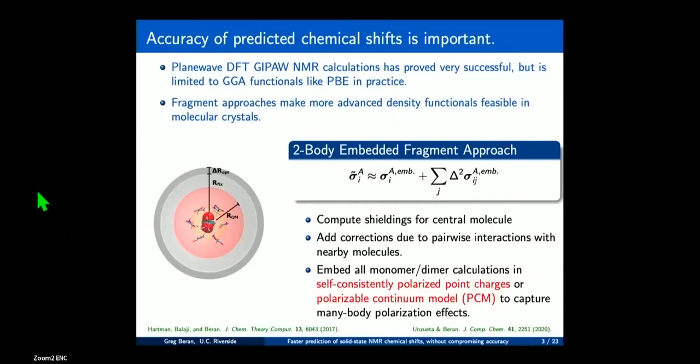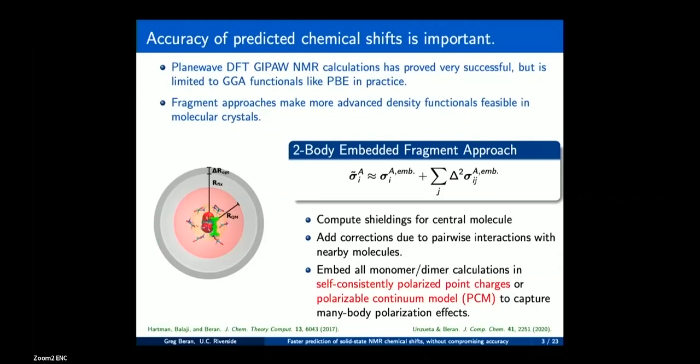And so over the last several years, my group developed these fragment approaches as a way to try to do better than that. In brief, the idea of these fragment approaches is saying, rather than doing a pure periodic calculation on our unit cell of the full crystal, we're going to instead do some sort of cluster model. But rather than doing that sort of big cluster calculation, we're going to focus on, for example, the molecule in the asymmetric unit that we're interested in.